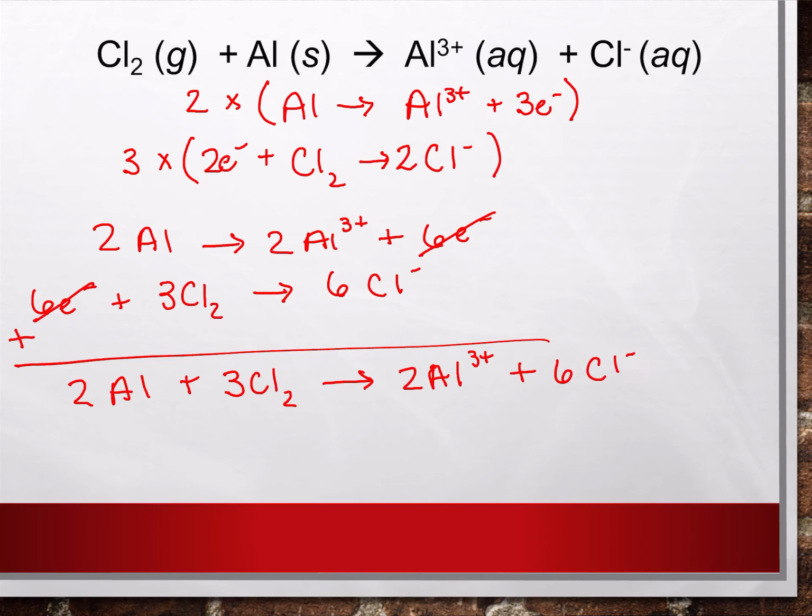And so we're supposed to balance this now in basic solution. The way that we balance it in basic solution is that we add hydroxides for every H+ that we have. But in our overall reaction, we don't have any H+, so we don't have to add any hydroxides. So this is our final answer.